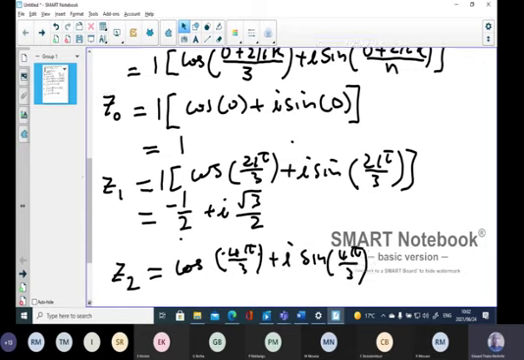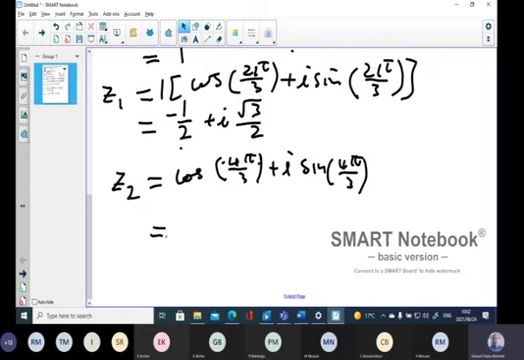Now, using your calculator, this gives you minus 1 over 2 minus i root 3 over 2. So now we have used De Moivre's theorem to determine the roots. So those are the steps that you are going to follow to determine the root.